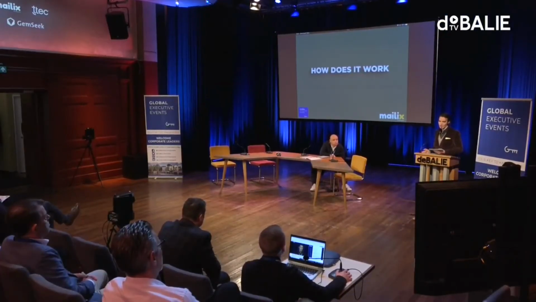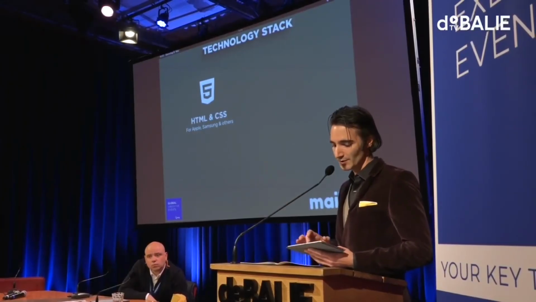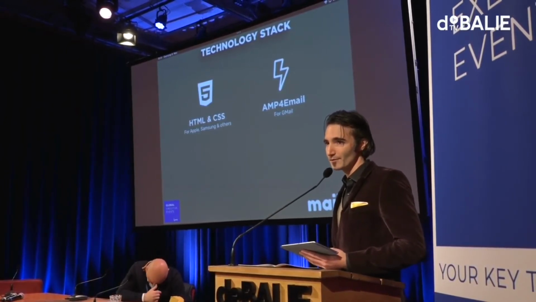How do we get that working? How does it work? In the end, it's a bit of technology. Some of you know HTML. There is a lot of HTML coding in it for Apple and Samsung devices mainly, and a few others. Google has, you might have heard of it, launched AMP for email.